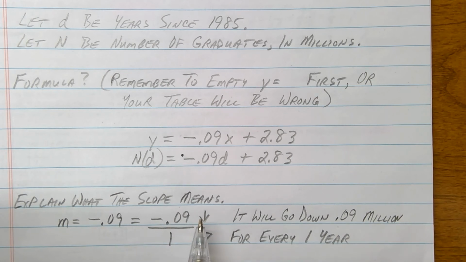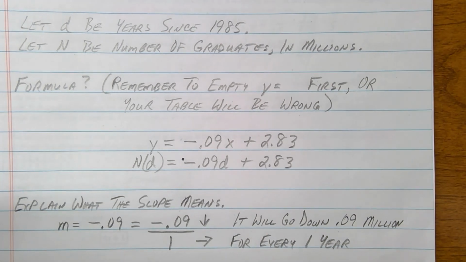It's negative. So the y values are decreasing at a rate of 0.09. Remember, we're measuring in millions. 0.09 million students as each year goes by. It will go down 0.09 million students as every unit of time goes by, in this case, years.